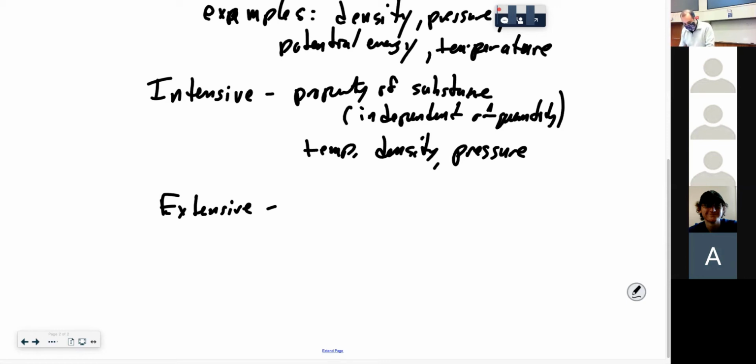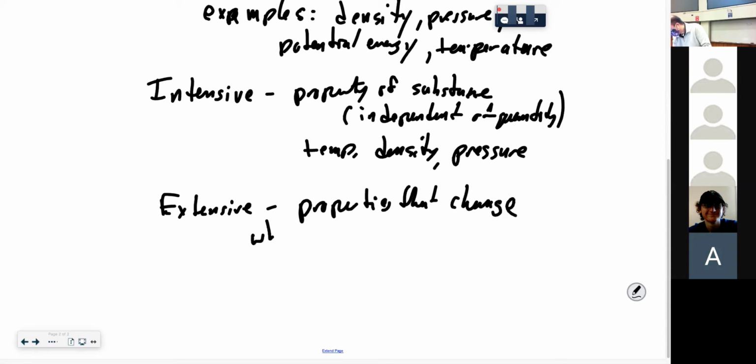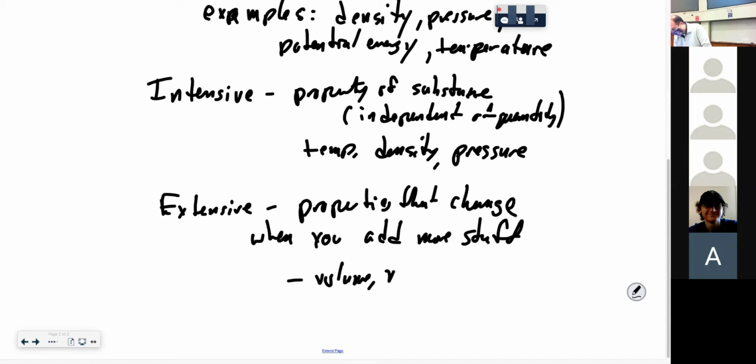So these are the properties that change if you add more stuff. So volume, mass, energy, number of particles, those all will go up as you add more cookie dough, or cooked baked cookie, to your substance.